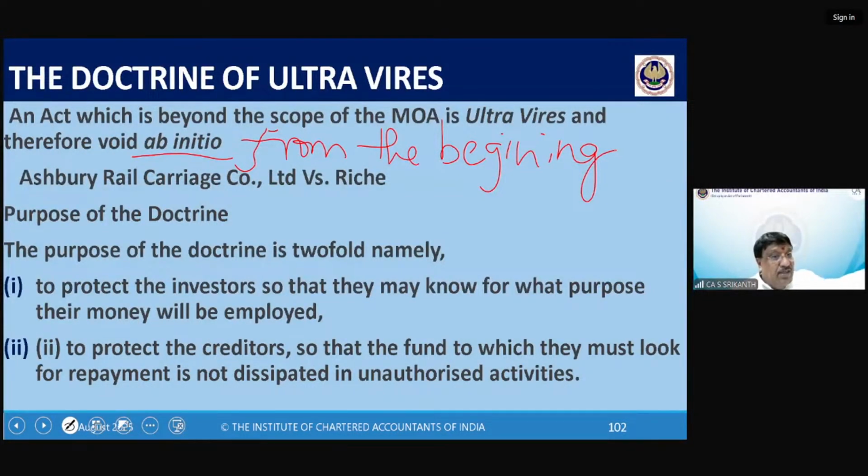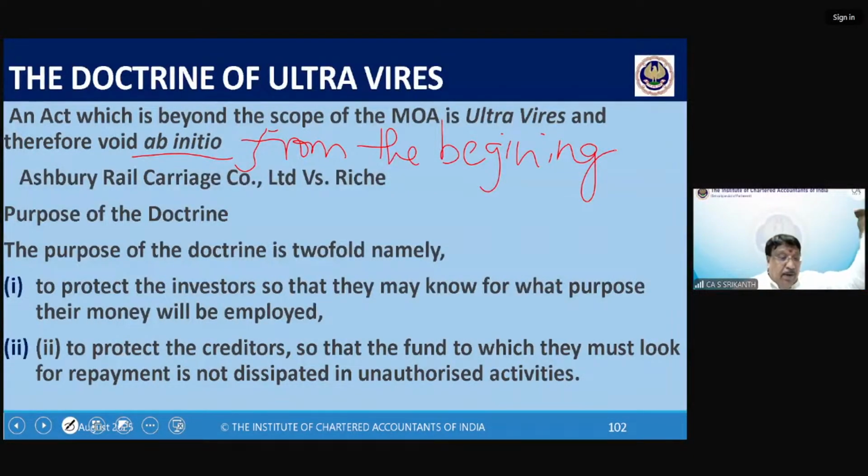Because I thought he was going to manufacture electric vehicles. He collected 800 crores. Thereafter, he tried electric vehicles, it didn't work. Are you able to understand? Now, he wants to get into software. But I didn't give money for software. So any contract entered into by the directors for software is beyond the scope of the memorandum and does not bind the company.